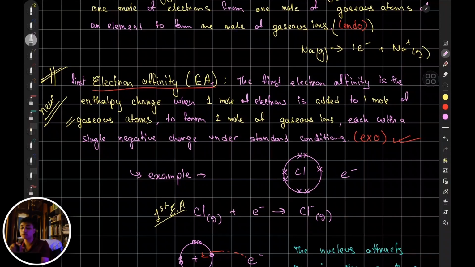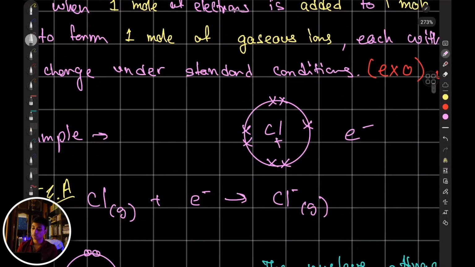Forming is always going to release energy. Now, there is another thing. If it is forming the bond, there is some sort of attractive forces between the atom and the electron.